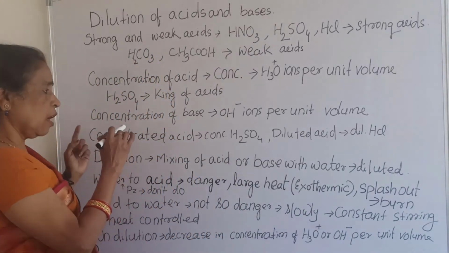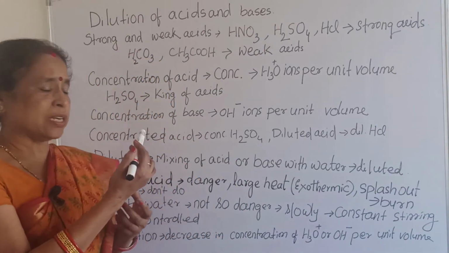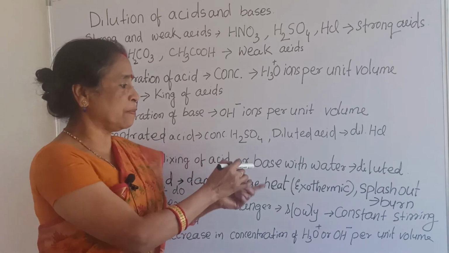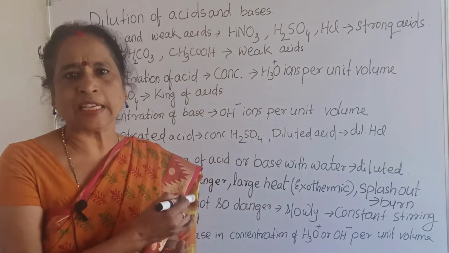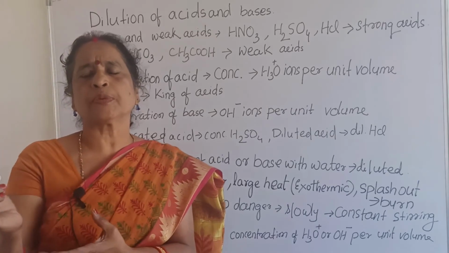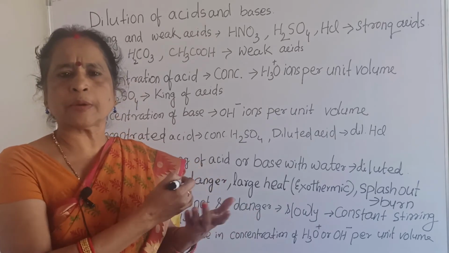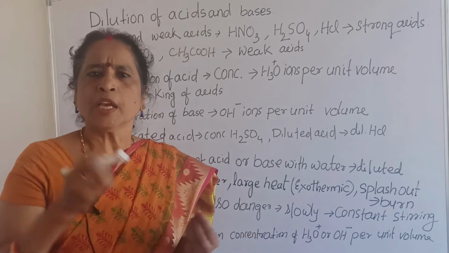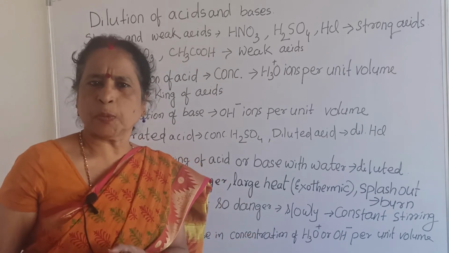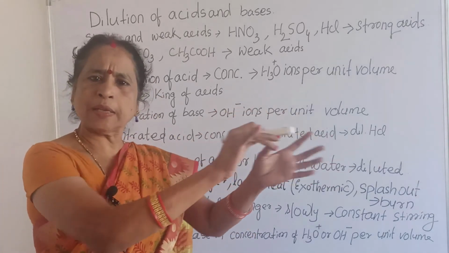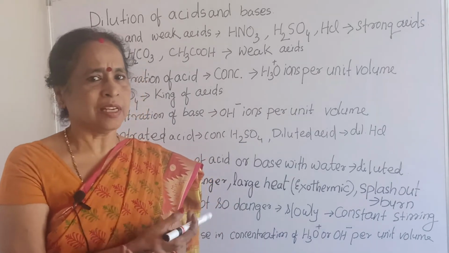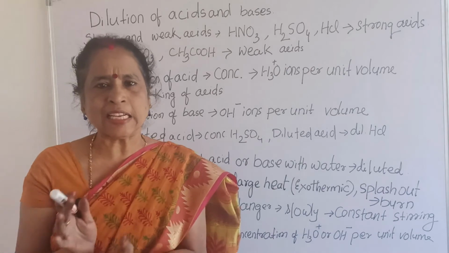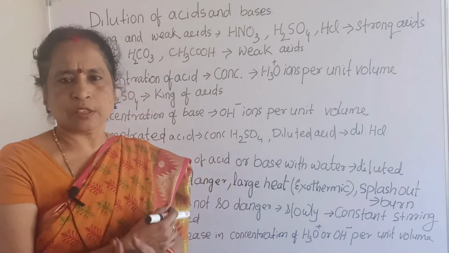So I told you, what does dilution mean? Mixing of acid or base with water. Here also, as in the example, 10 spoons of sugar in water, 5 spoons of sugar in water. What is the meaning? You are adding water to 10 spoons, you are adding water to 5 spoons of sugar. The 5 spoons of sugar in water is the diluted one, and 10 spoons of sugar in water is the concentrated one.